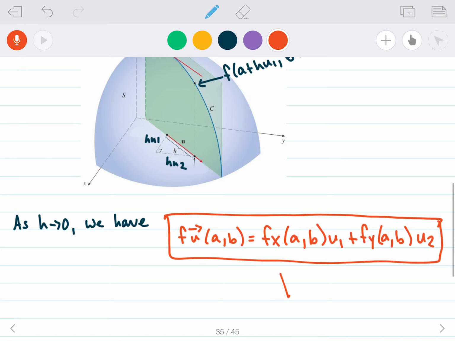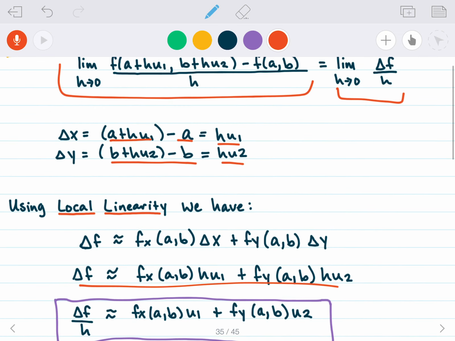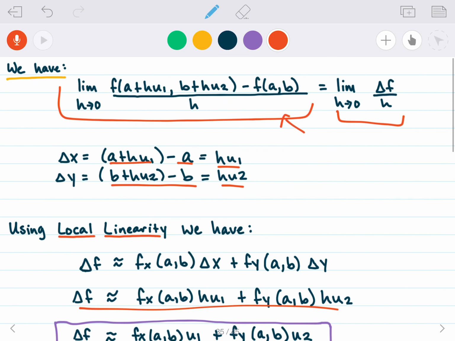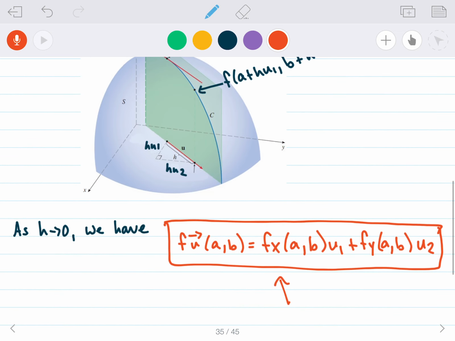Okay, so this is another definition of our directional derivative that doesn't involve limits. It means the exact same thing as the limit definition. I would use this definition because partial derivatives are fairly straightforward. And yeah, so that is that.